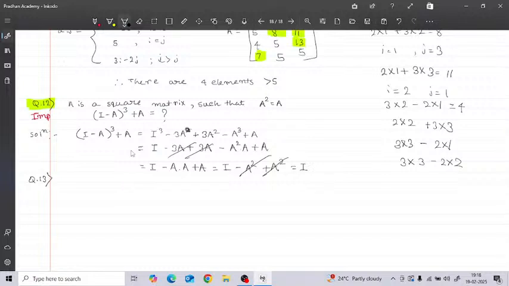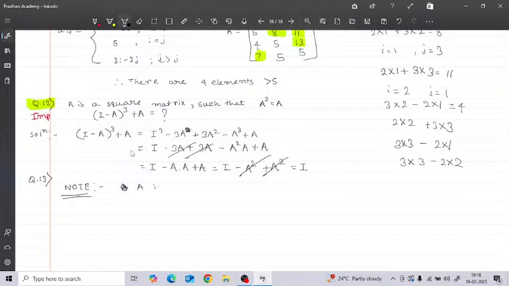Now I am writing a note of this question. This kind of proof is sometimes asked in the question.